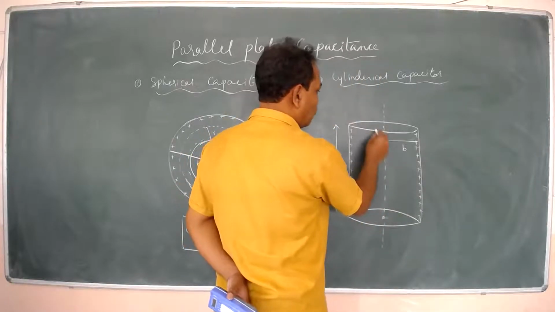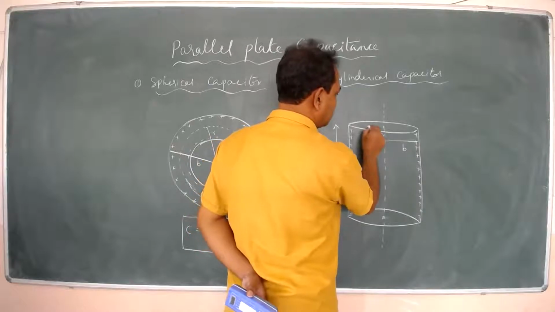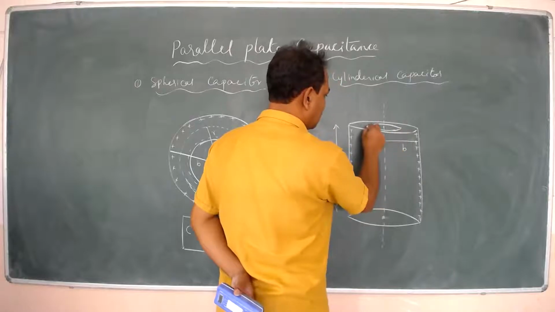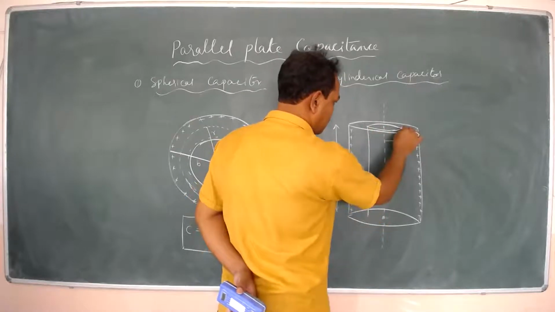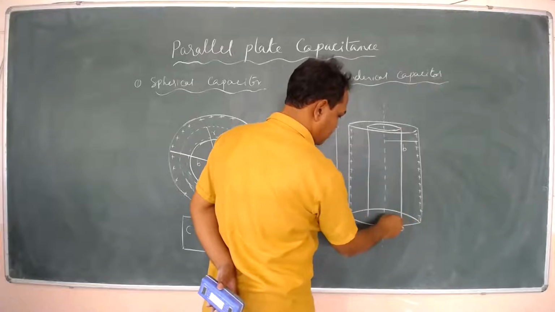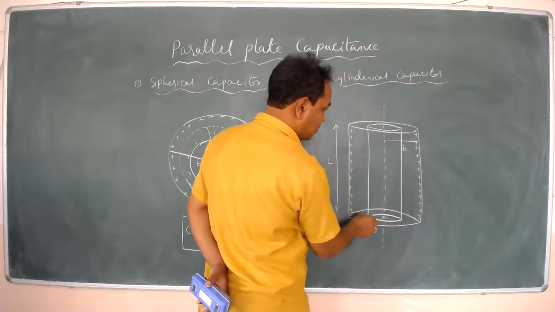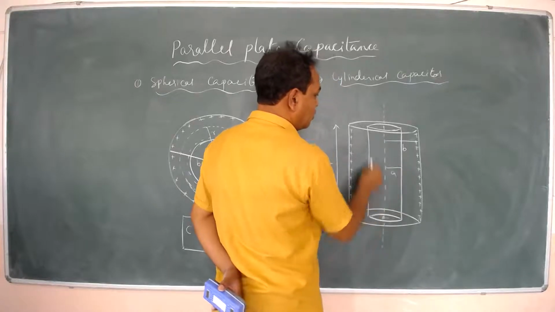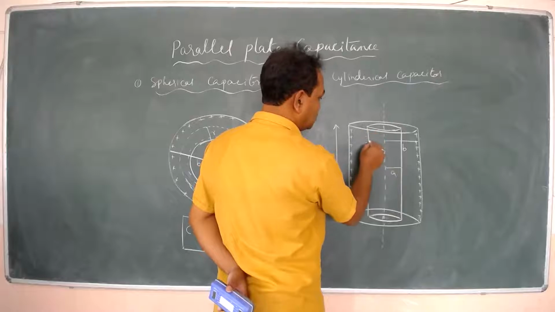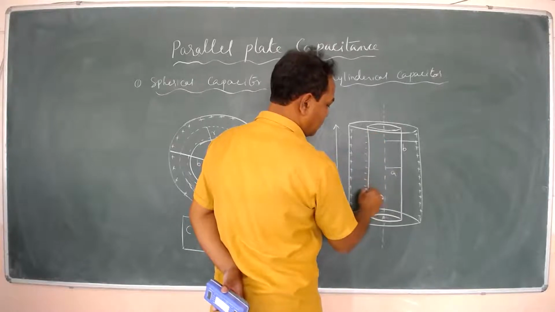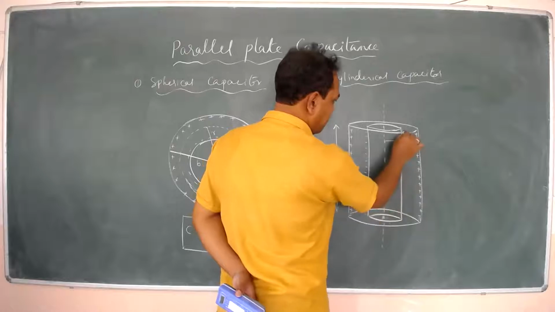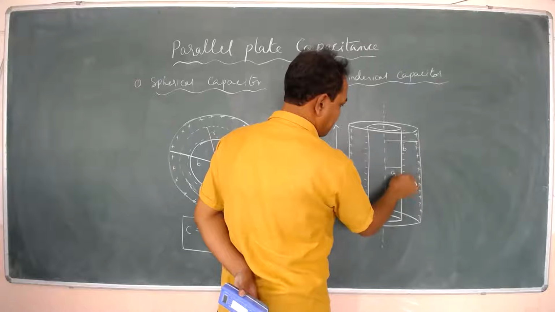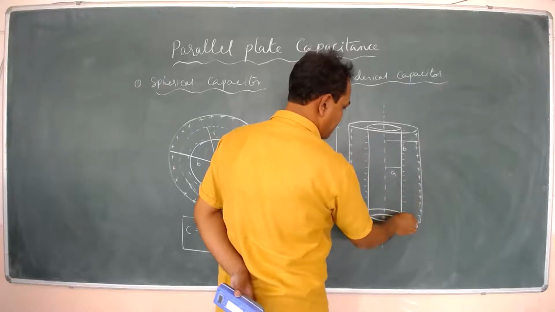Similarly, inside this we can assume one more cylinder of radius small a, which is negatively charged.